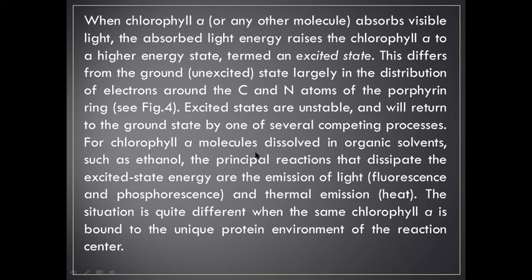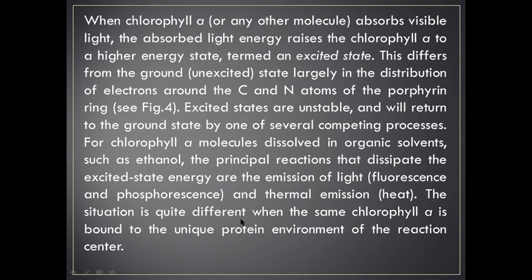For chlorophyll A molecules dissolved in organic solvents such as ethanol, the principal reactions that dissipate the excited state energy are the emission of light, fluorescence and phosphorescence, and thermal emission, that means heat.